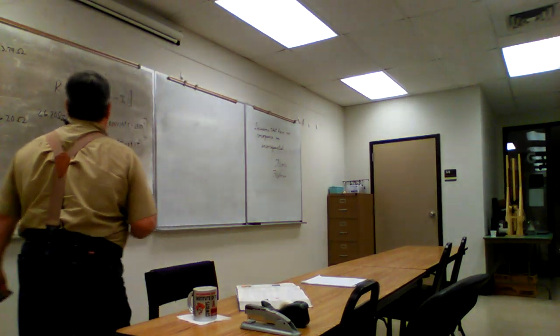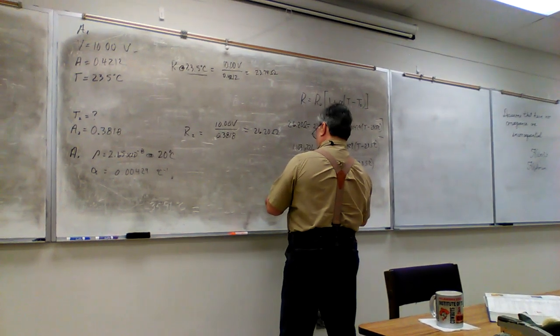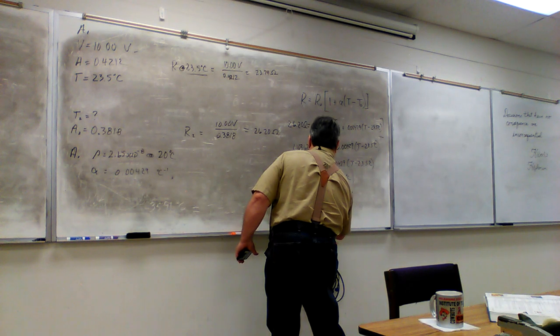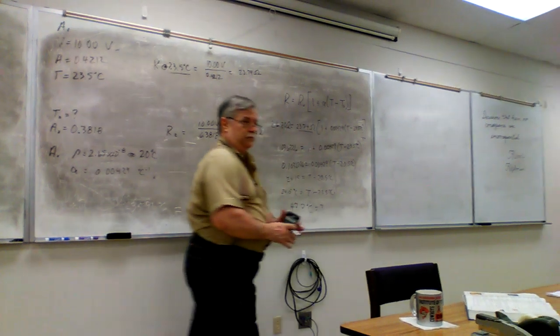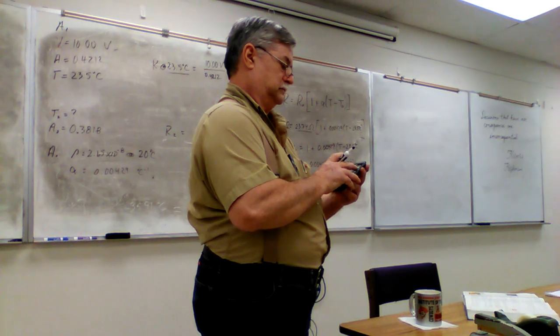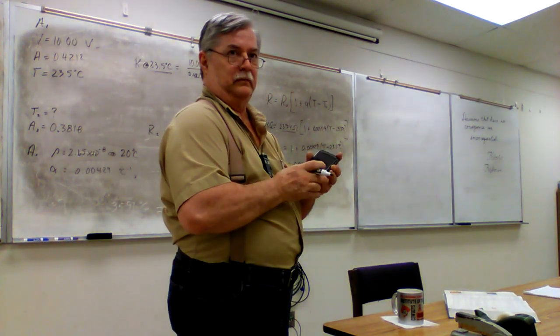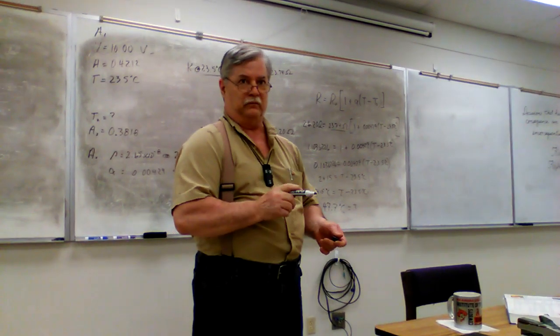We have 3 significant digits, so we end up with 47.7 degrees C as the final temperature. Everybody see how that one was done? You're going to be able to do it again whenever it's on an exam.